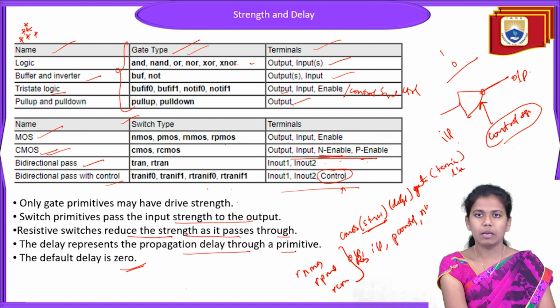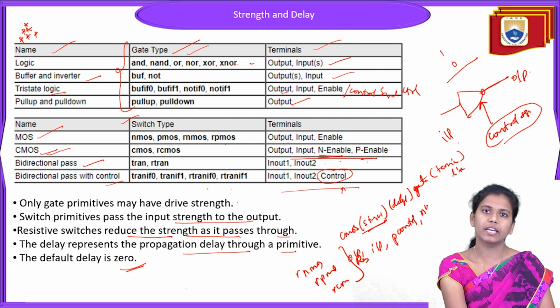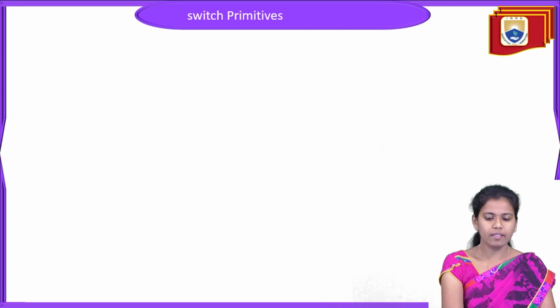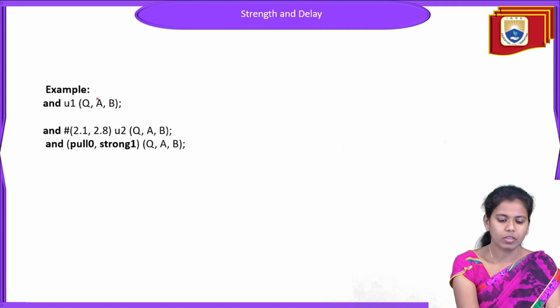So this is about the strengths and delays, representation and initialization pertaining to the terminal list, the category that you are considering, gate or switch, and the name of a logic. In the example, we see AND gate U1.